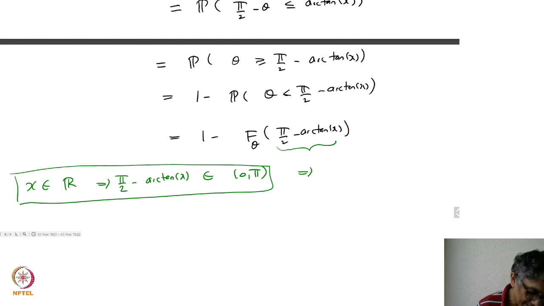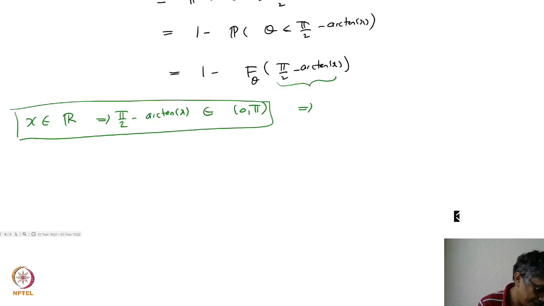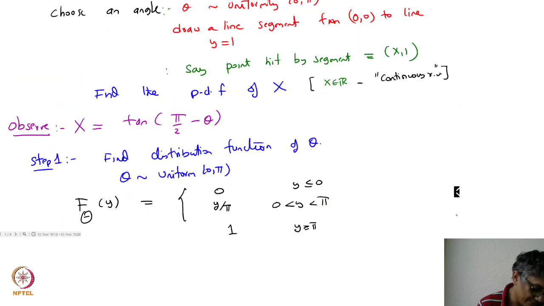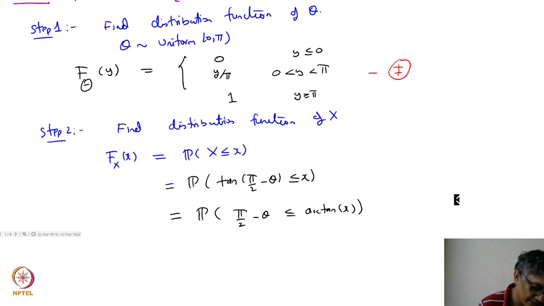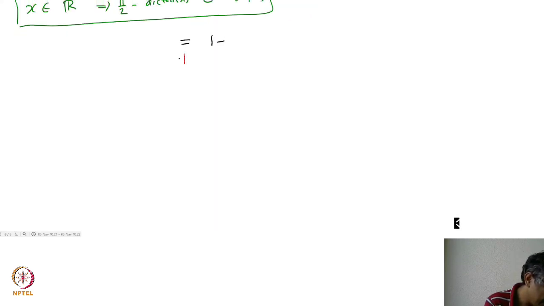So this will imply that for any x in R, let me call this notation dagger. From dagger, I know that this is the same as 1 minus F of y, where y is pi by 2 minus arc tangent x.